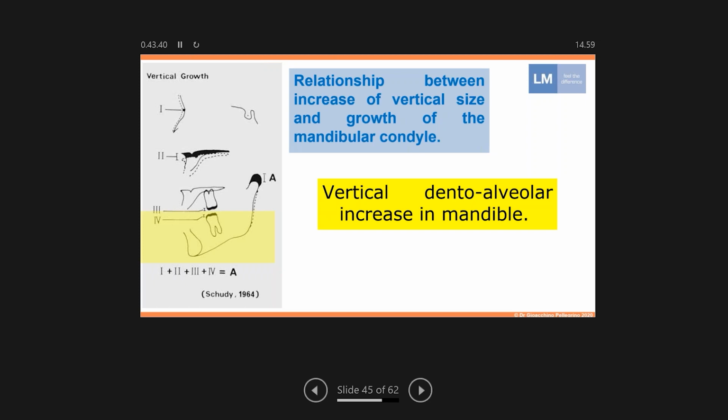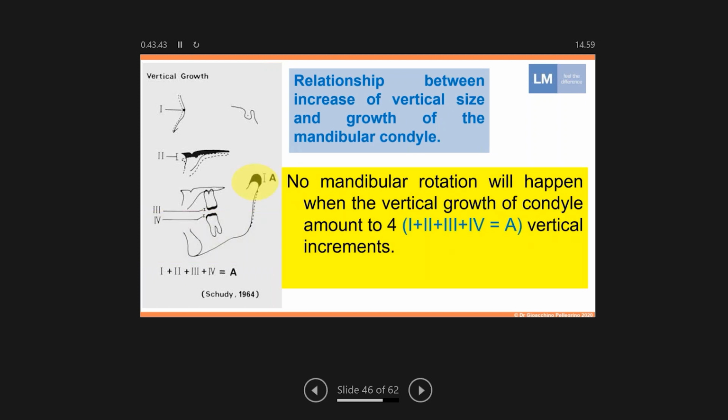At this point, the amount of these 4 sectors needs to be balanced with the condyle growth, the amount of the condyle growth that you can see on the slide, in the yellow area signed with the letter A. But what does this amount mean? It is strictly connected with the vertical growth of the ramus and with the relationship between the ramus and the body of the mandible.